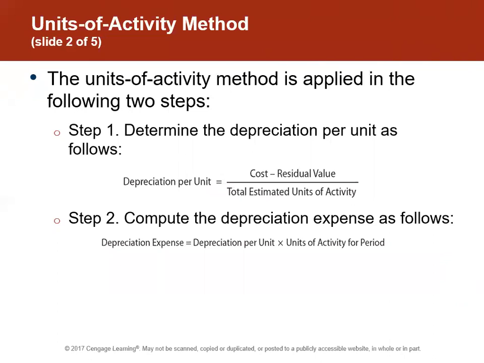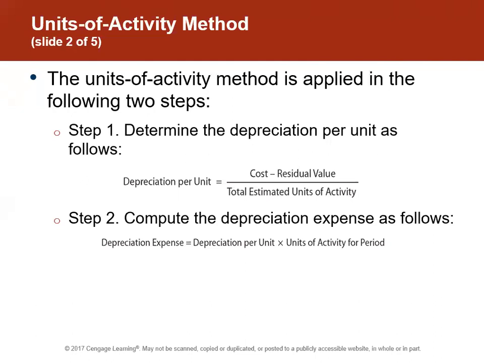So we calculate depreciation per unit, and then each year we look at how many units this machinery produced, and we take depreciation per unit times the actual activity. So in year 1, we made 10,000 pens; we would take depreciation per unit times 10,000. The benefit of this is it's a little more accurate. You're not just spreading the cost evenly over 5 years.